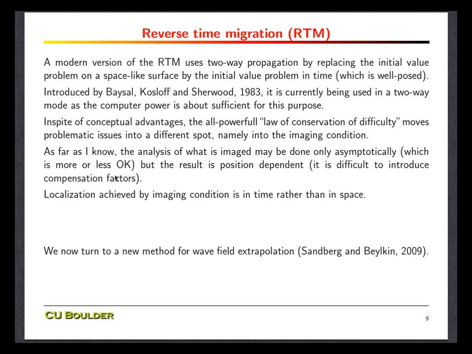Although, from a physics point of view, this is a better choice in some sense, because your propagation actually is achieved in a correct way, except that your amplitudes will be somewhat different from what you would like them to be. Now, localization in this case is achieved by imaging condition in time.